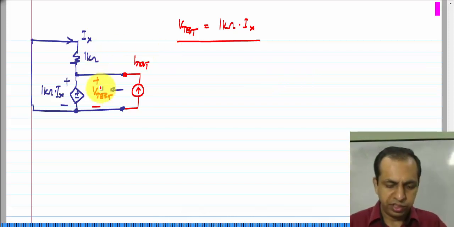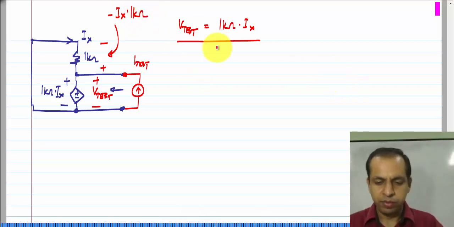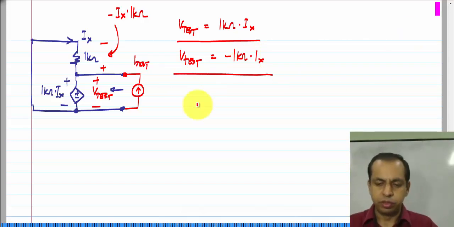Now, I also know that this V test is also the voltage between these 2 points, and that voltage drop, considering the direction of I x, is minus I x times 1 kilo ohm. Okay. So, V test is also equal to minus 1 kilo ohm times I x. Okay.